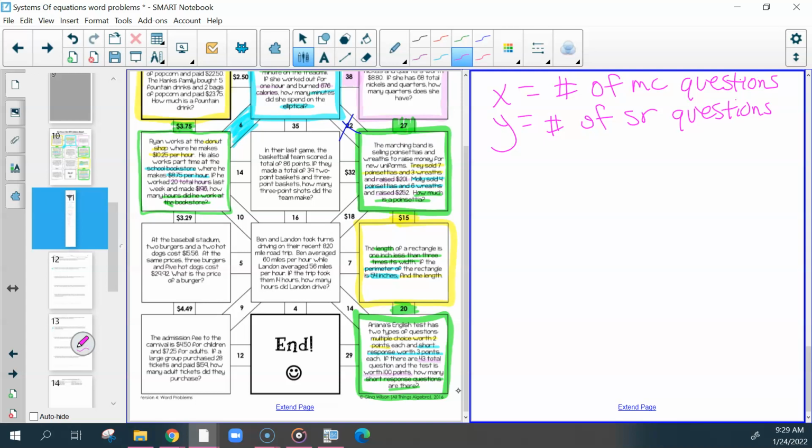Okay, go ahead. 2x plus 3y equals 100, and then x plus y equals 43. We have total number of points should equal whatever the point values are, and then total number of questions should equal what the questions represent.